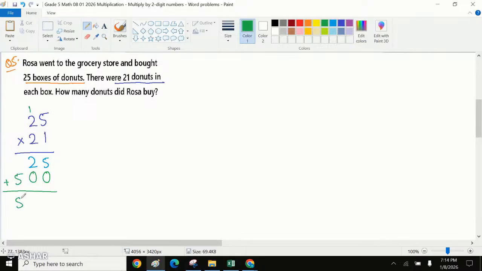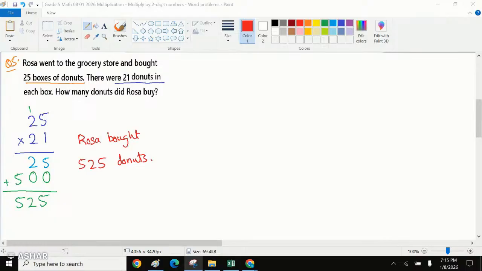So we can say Rosa bought 525 donuts. Agreed? So let's see what else we can do. In this, we are simply multiplying any given 2-digit numbers together, and we are trying to find the required quantity. Okay.